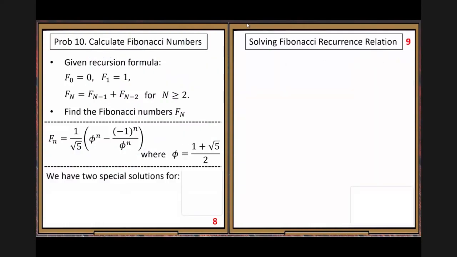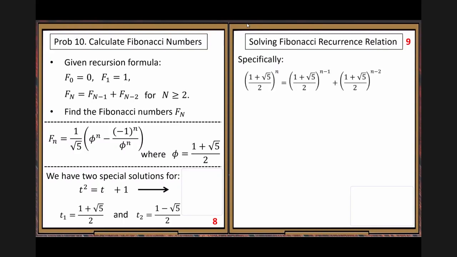Let's look at the next step. This time, we have two special solutions for this equation, T1 and T2. If we plug in each solution back into our T sequence equation, the original equation, the first solution gives us this equality.